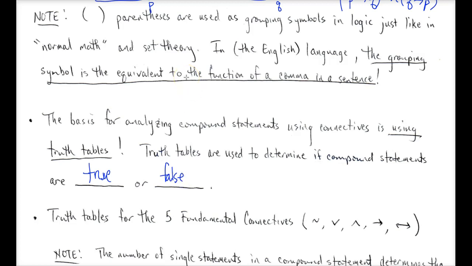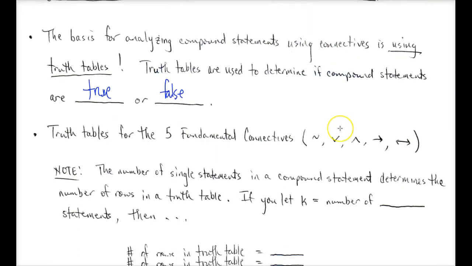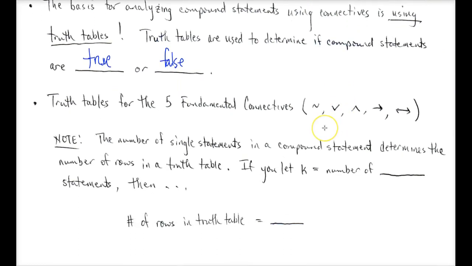And so now what we're going to do is figure out how to form our truth tables here. So we have our 5 fundamental connectives. And one of the things that we need to know for our truth table is, how do we come up with the number of possibilities for a compound statement or a single statement.